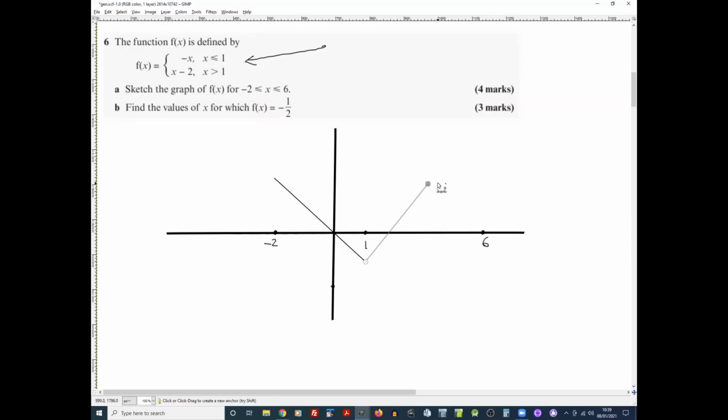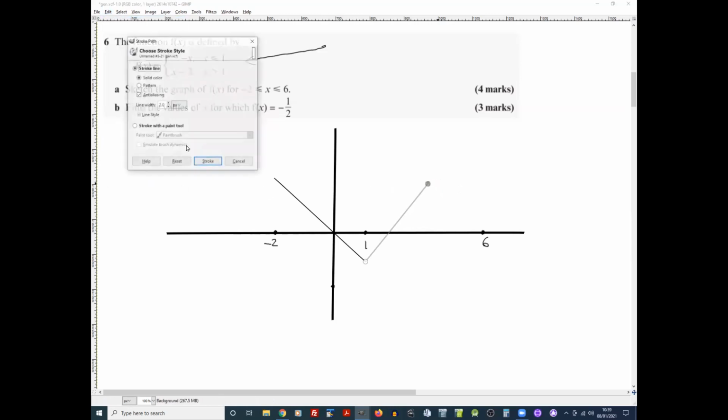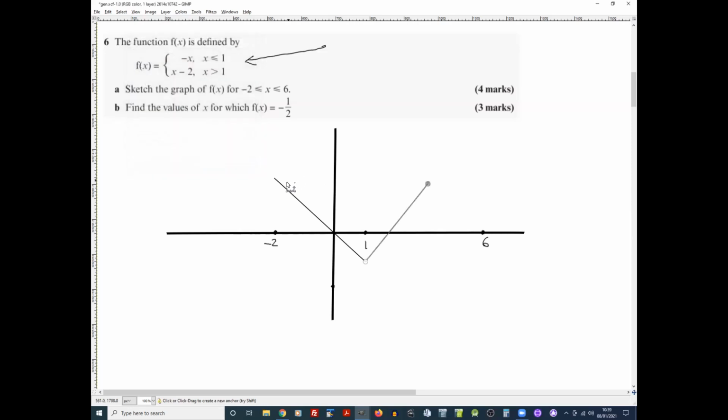Great. We want to go right up to here, don't we? All the way to, sorry, I neglected to extend it far enough there. So like that, so that it's just directly over the 6. Great. Okay.